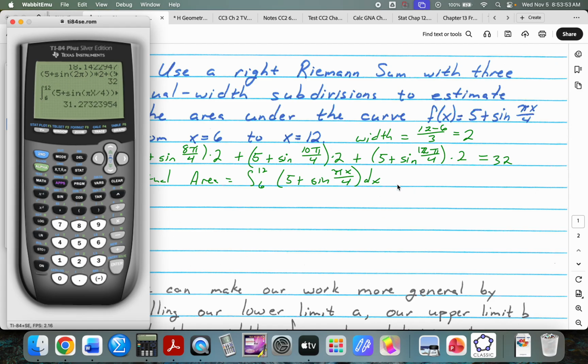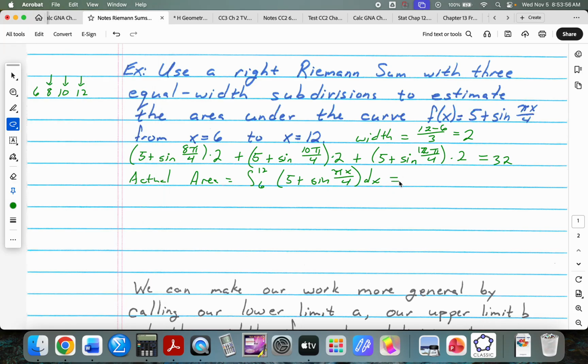The actual area is 31.273. For only 3 subdivisions, that's a pretty good estimate.